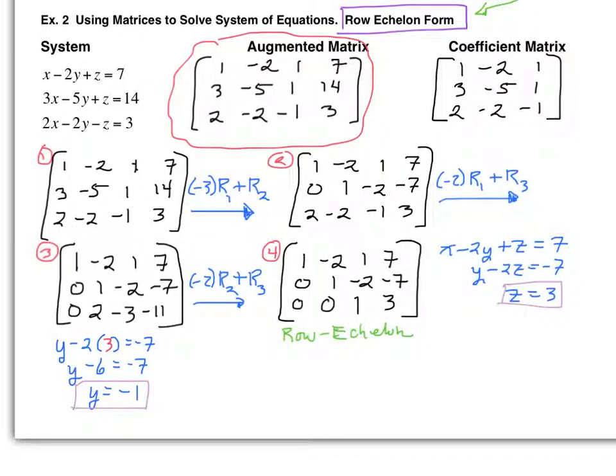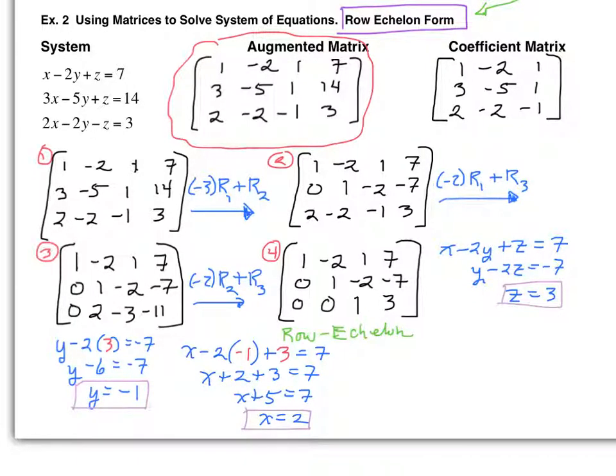And then our final substitution, we now have a y and a z, so we can plug into the first equation. And so we get x minus 2 instead of y. We just found it was -1, sorry. Plus our z, we know is 3, equals 7. So doing the math, we have x plus 2 plus 3 equals 7, x plus 5 equals 7, and x is equal to 2.